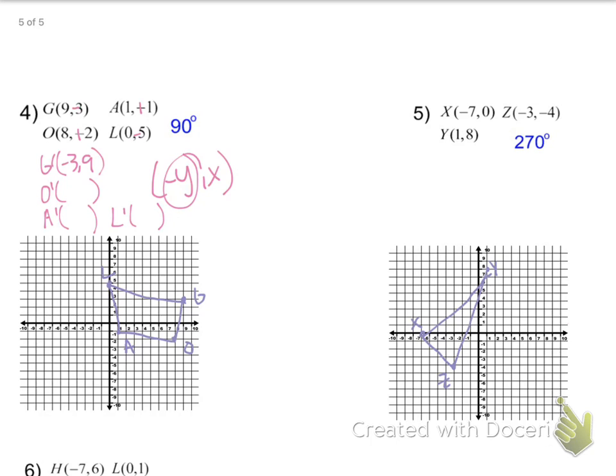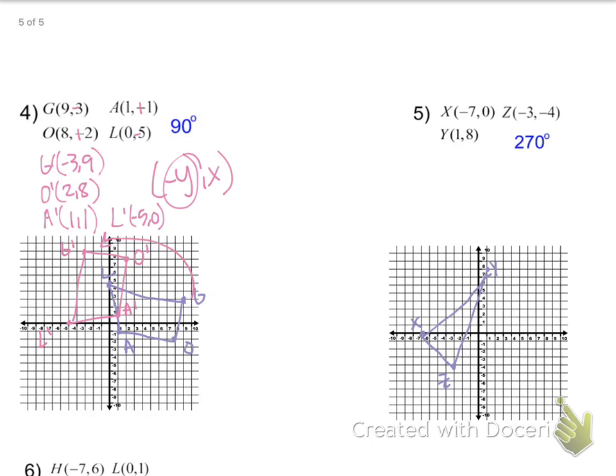So negative 3, 9, positive 2, 8, positive 1, 1, negative 5, 0, and that's what I'm going to graph. So go ahead and pause the video and graph it. So if you look, my G went a quarter of a turn counterclockwise because it was positive 90, which would also be negative 270 if we wanted to go the other way. Remember, positive, we turn counterclockwise.